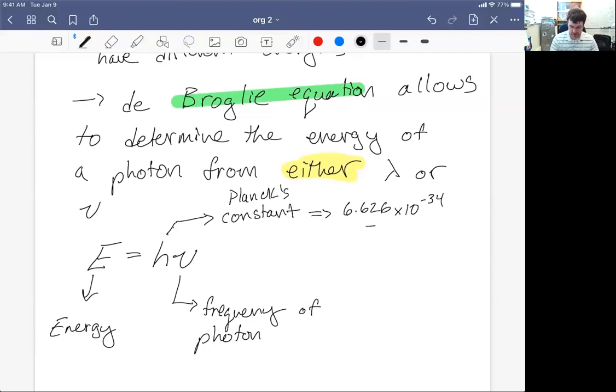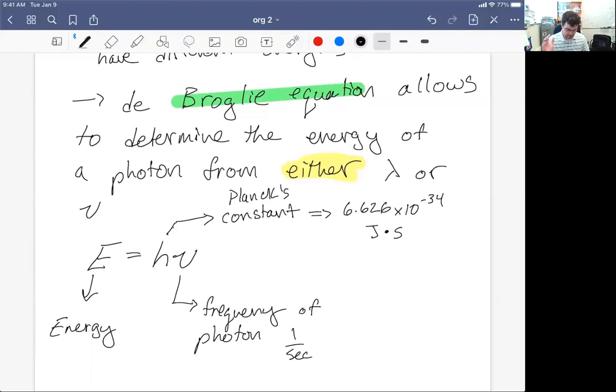I couldn't remember the units. The units are joules times second, which I believe is the SI unit. If you multiply joules times second by a frequency of a photon, which is generally in hertz or 1 over seconds, you're going to cancel the seconds and get a unit of energy, joules.